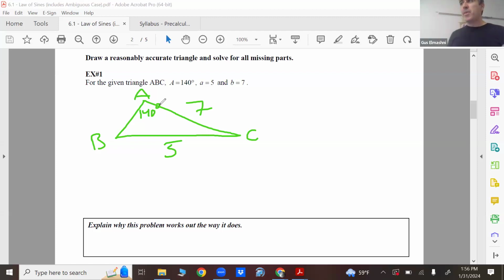Sometimes you will get caught up in doing the formula and not realize it doesn't work. I want you to see it, but right after I know, so this process works out the way it does.